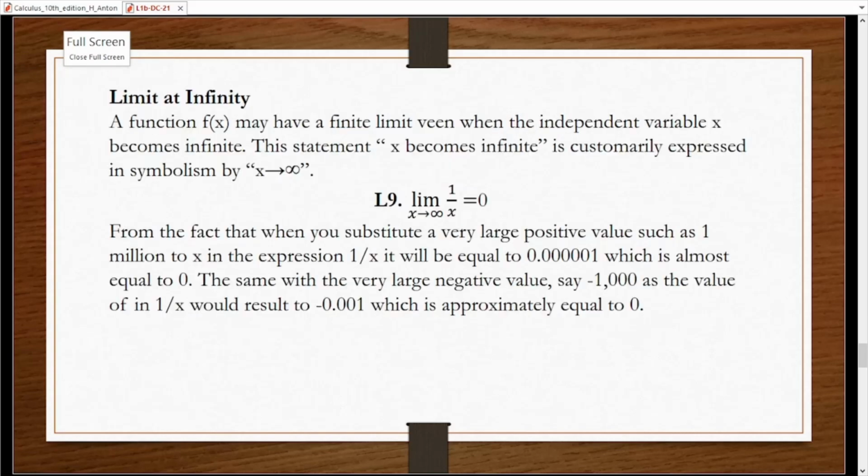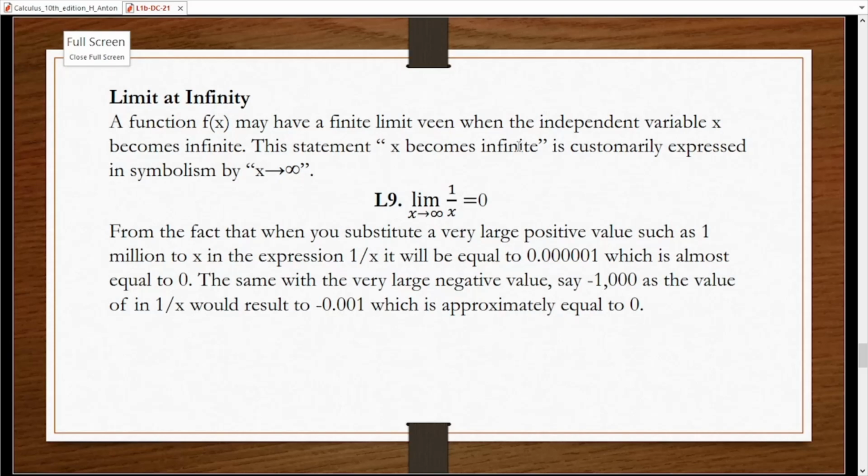So, ngayon naman, I will discuss about evaluating limit at infinity. Sabi dito, halimbawa, yung case natin is yung x approaches infinity. So, x becomes infinite.